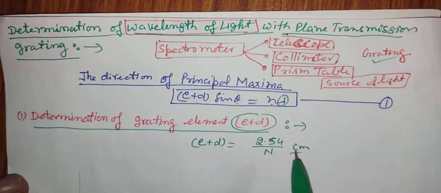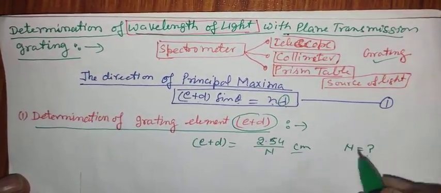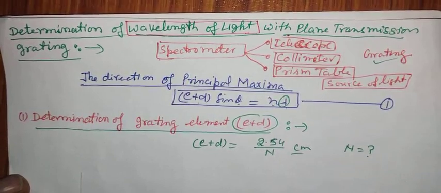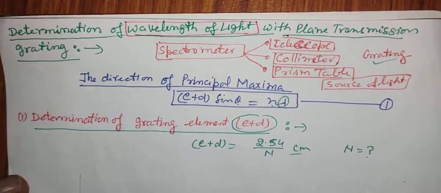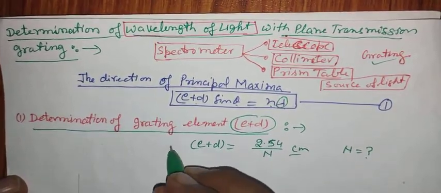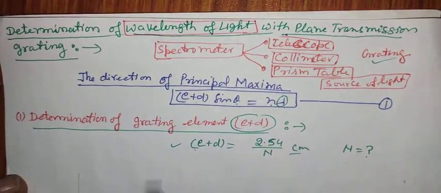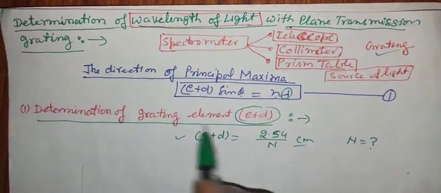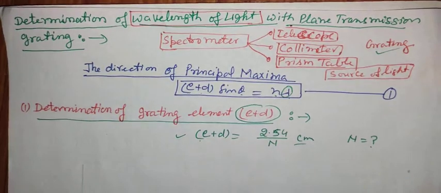On the grating, see the number of lines written on the grating glass, 15,000, 16,000, 25,000 or whatever. Put that value in and determine e plus d, the grating element. So the grating element is obtained only by the formula, not by the experiment.